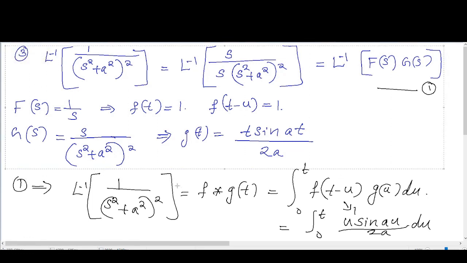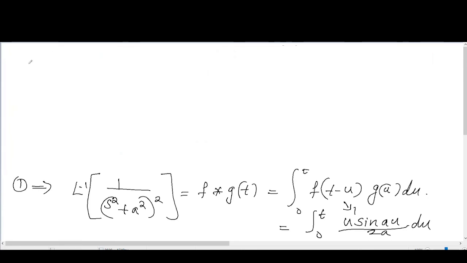Now that is equal to 1 by 2a, a constant, take it outside, then apply integration by parts to u into sin a u du.